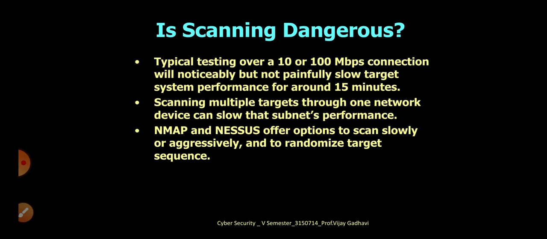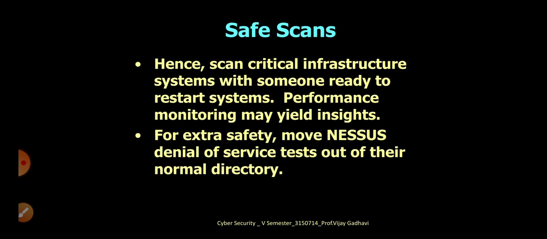NMAP and NESSUS offer options to scan slowly or aggressively and to randomize target sequence. To scan safely, scan critical infrastructure systems with someone ready to restart the system. Performance monitoring may yield insights.